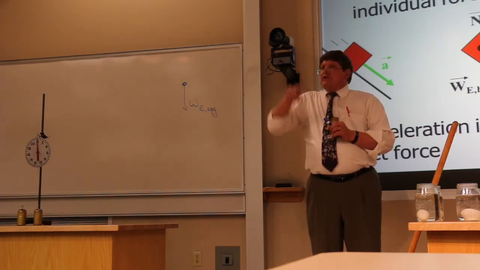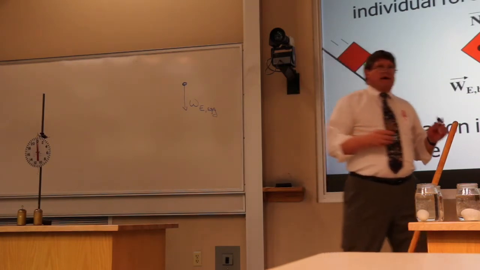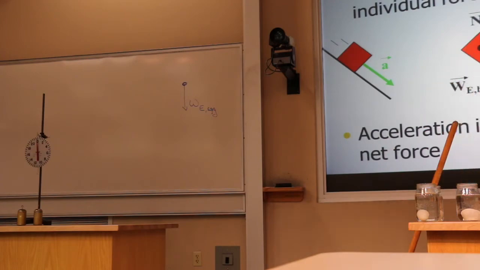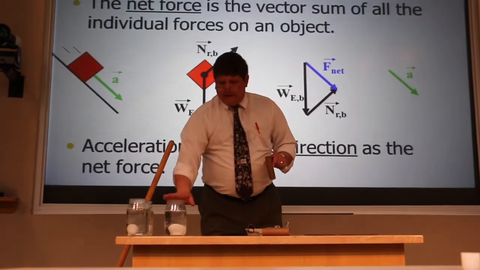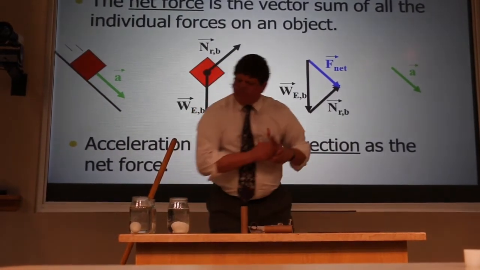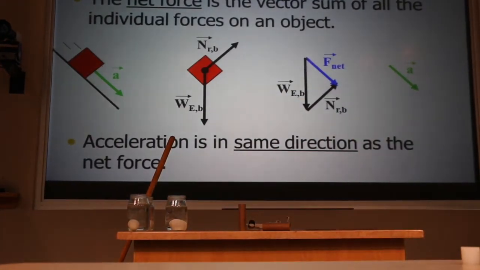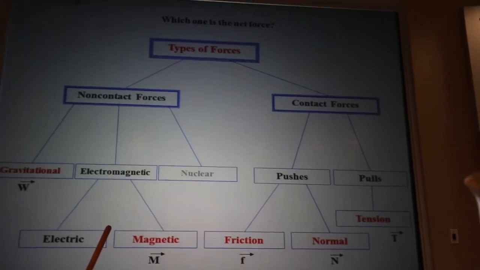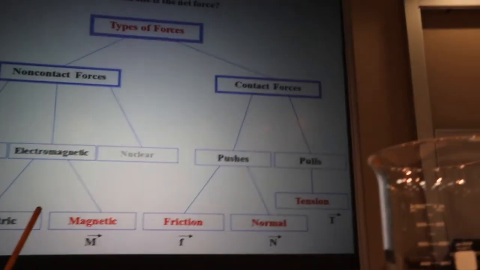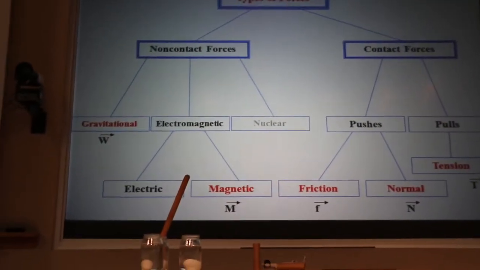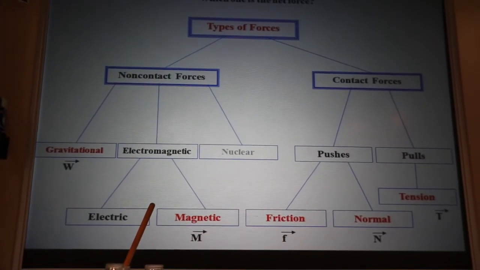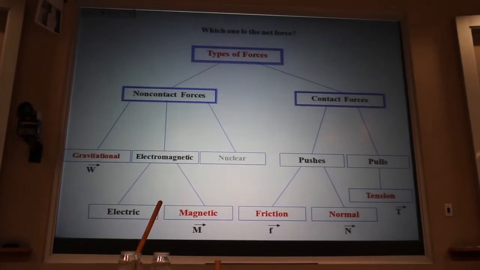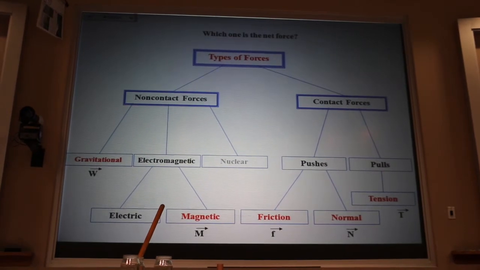And that's what happened. They sped up like Wile E. Coyote, straight down into the water. Now, we noticed that the net force was nowhere on our chart because it's not a real force. It's a mathematical construct. It's the sum of all the real forces.